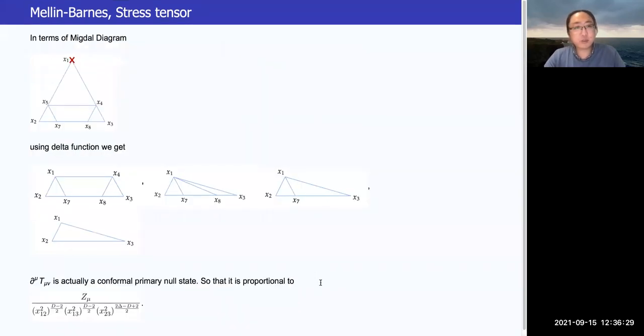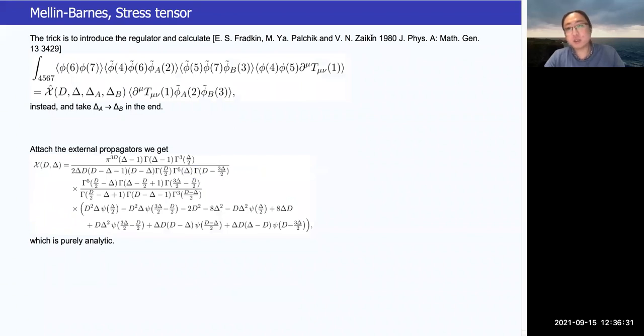So a trick was introduced by Fredkin and friends here. You basically shift your dimension a little bit. If I introduce phi a and phi b, and in the end you take the limit of delta A going to delta B, because this piece is proportional to delta A minus delta B, that cancels the vanishing piece of the left-hand side. So in the end you get some finite piece of information.